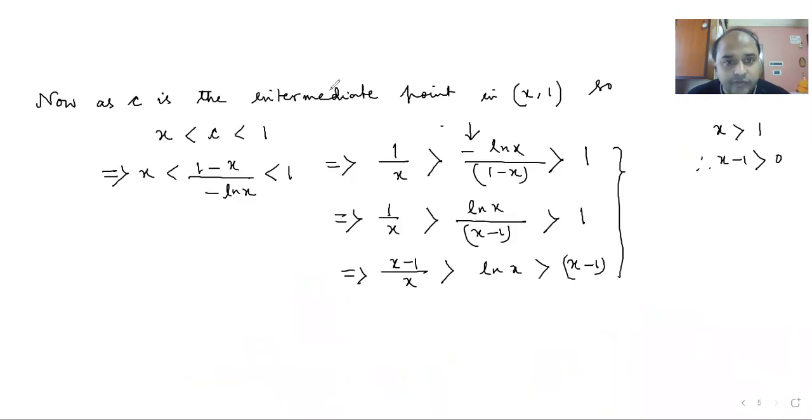Now in place of c, let us change this. In place of that we can put the value of c.